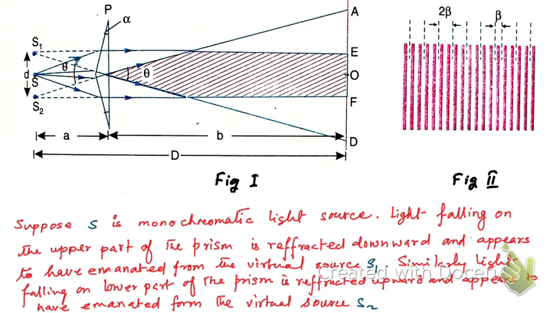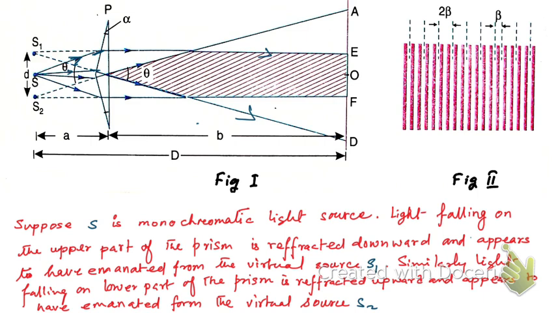When light falls on the upper part and is refracted downward, a virtual image of the source S is formed, which is S1. Similarly, when the light falls on the lower part and is refracted upward, S2, again a virtual image of S, is formed. So we can consider S1 and S2 as virtual monochromatic sources, and if we consider it that way, we can compare this with Young's double slit experiment.